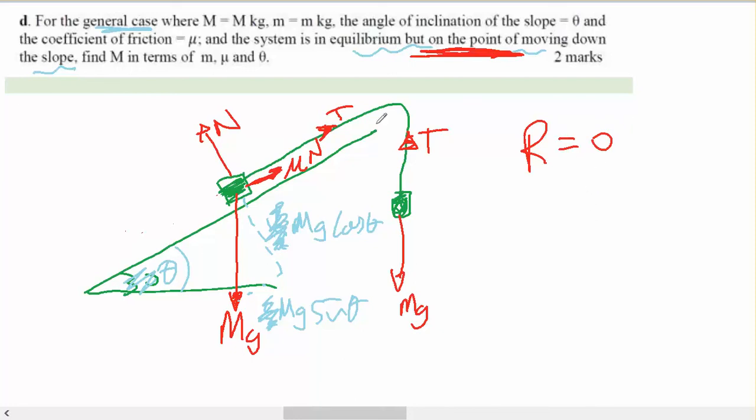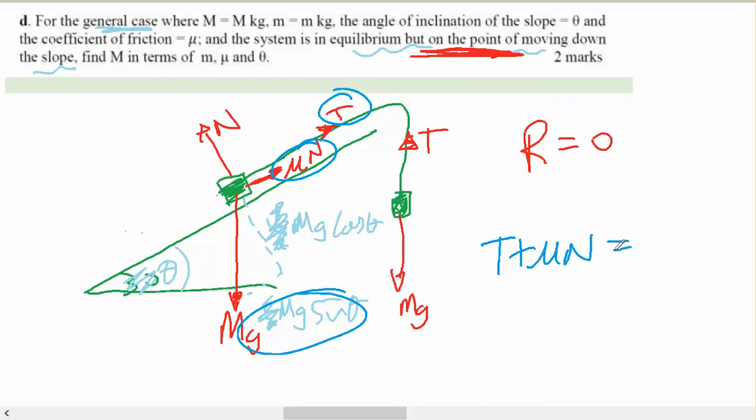So anything in the direction must be equal to each other. Therefore, T plus mu N must equal Mg sine of theta, because this is the only force that's going to move this thing down the surface, and these are the only two forces in the opposite direction.